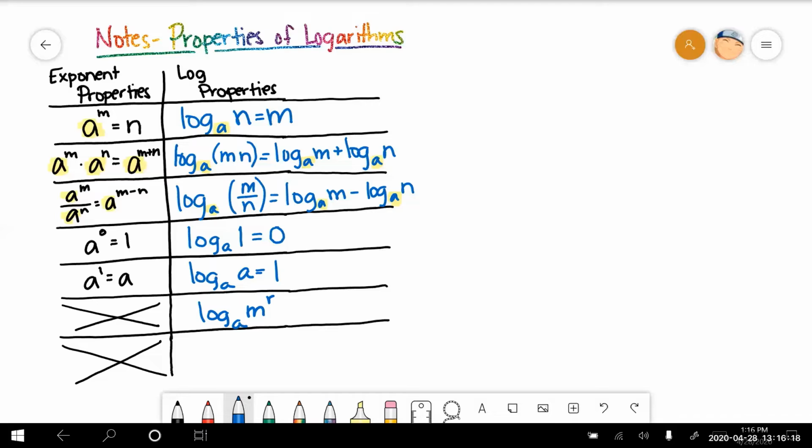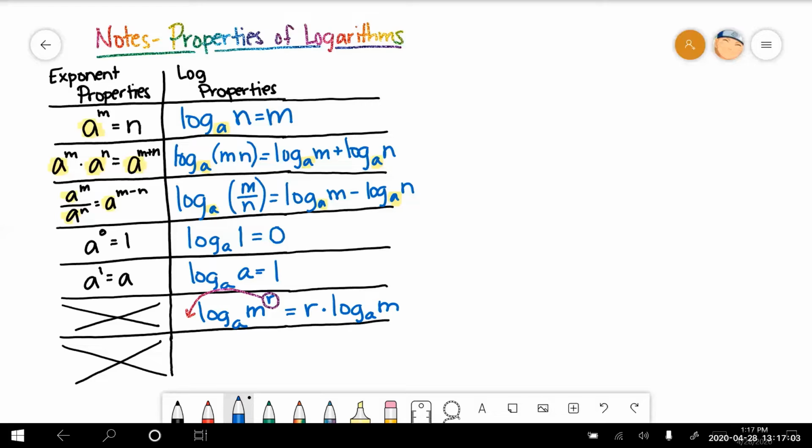When we have a logarithm of a quantity raised to an exponent, it just so happens that we were able to prove that r can actually drop in front and become a coefficient of this log equation. So if I were to rewrite that, I can now write r times log base a of m. This is a property that's going to come in handy as we're trying to eliminate exponents to begin with, so we can solve problems or simplify problems. So know this one.